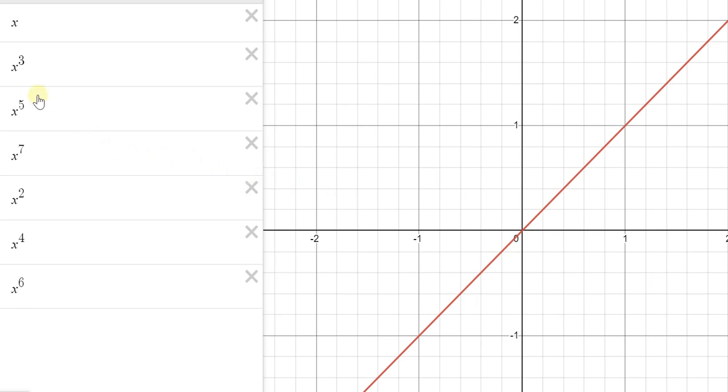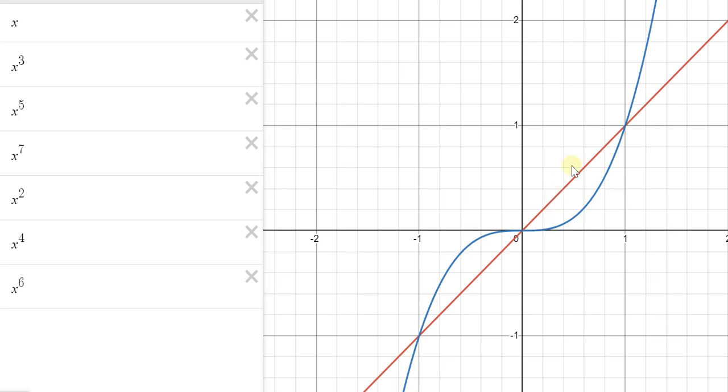Okay, now let's take a look at the graph of x cubed here. Check this out. There is a graph of x cubed. Now both of these, by the way, are increasing functions. As you go from left to right on the number line, the graph of y equal x is rising, and so is x cubed.